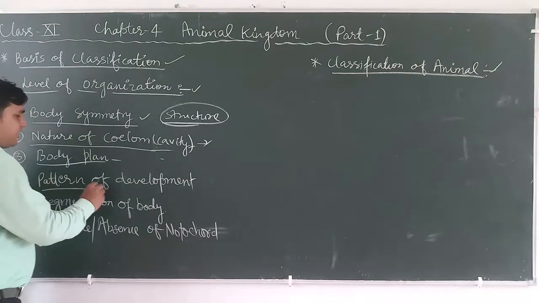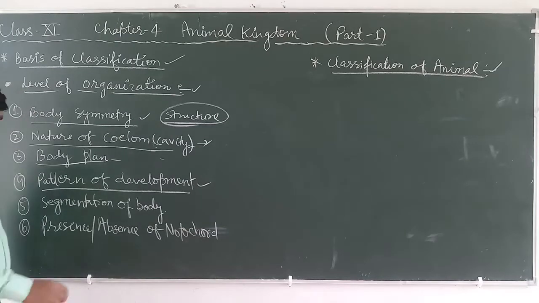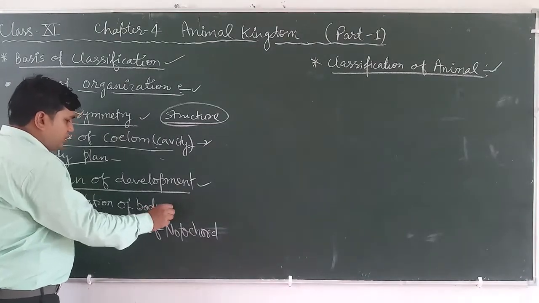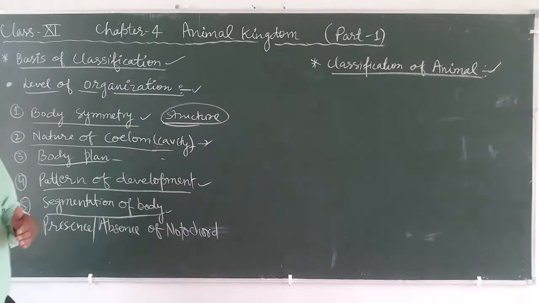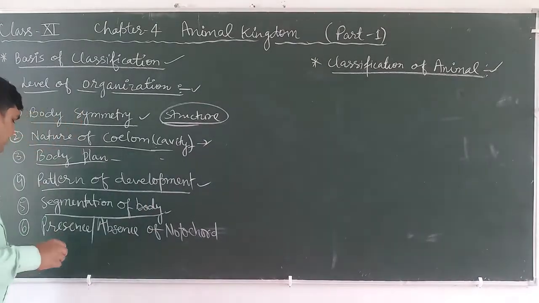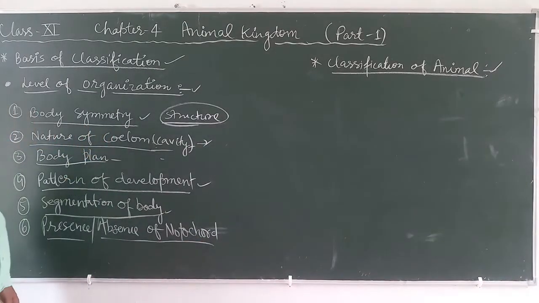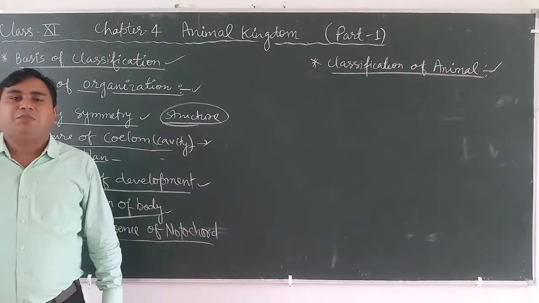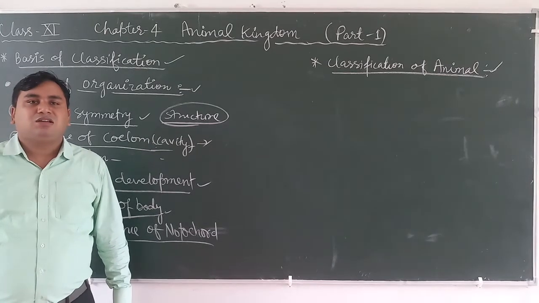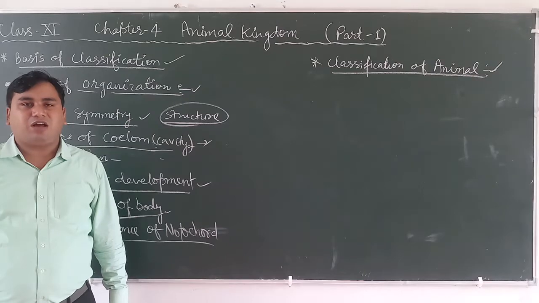And next one is the pattern of development, how animals develop their body. Next, segmentation of body, how the body of the organism or animal is segmented into different parts. And the last one is the presence or absence of notochord. Notochord is generally a pipe-like structure, which is replaced by the vertebral column.